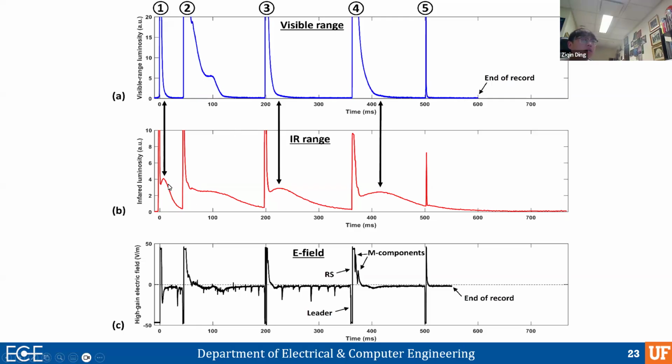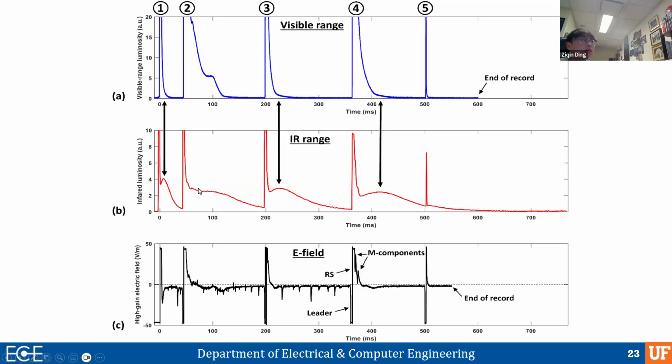But for the infrared, the luminosity will persist throughout the entire interstroke interval, and it will never decay to a zero level, as you can see.